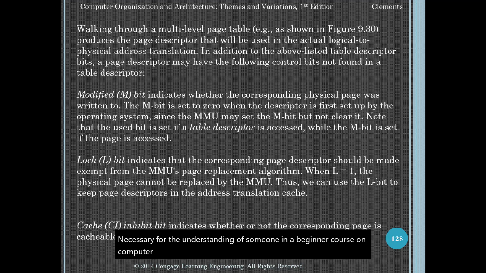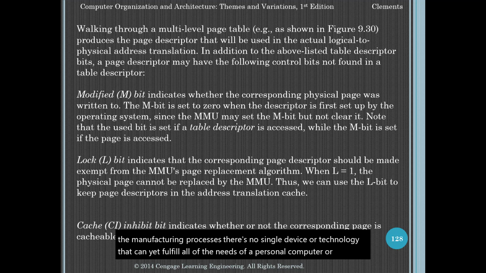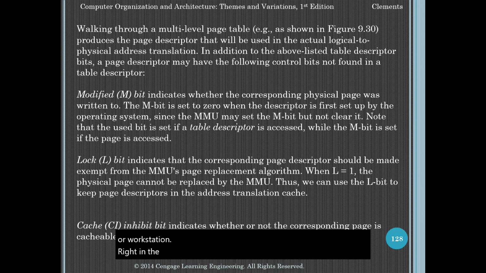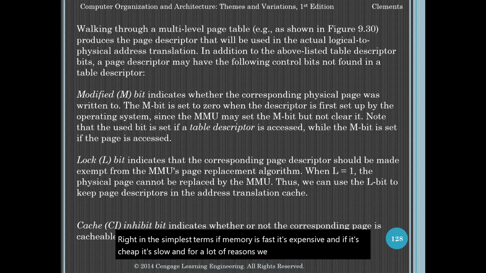So we use memory to store instructions and data on a computer. And because of the nature of technology and the manufacturing processes, there's no single device or technology that can yet fulfill all of the needs of a personal computer or workstation. Right? In the simplest terms, if memory is fast, it's expensive, and if it's cheap, it's slow, and for a lot of reasons, we don't have a better solution.